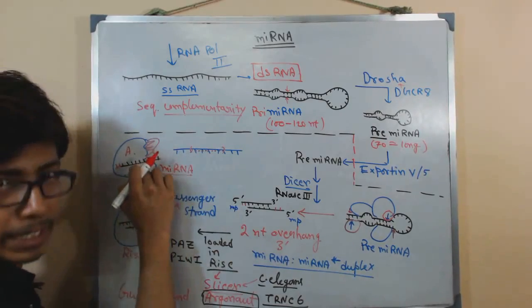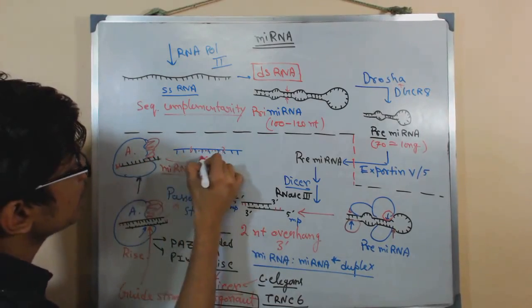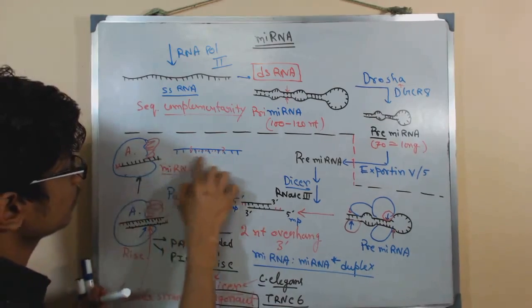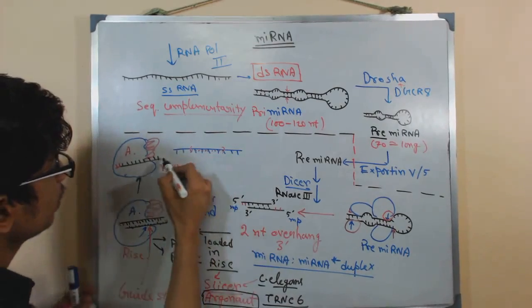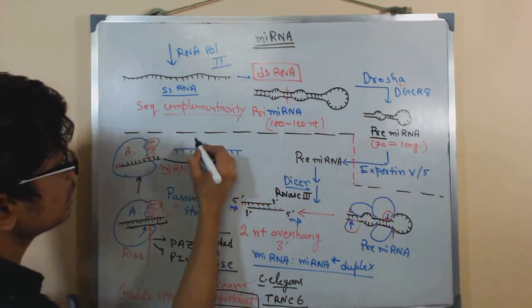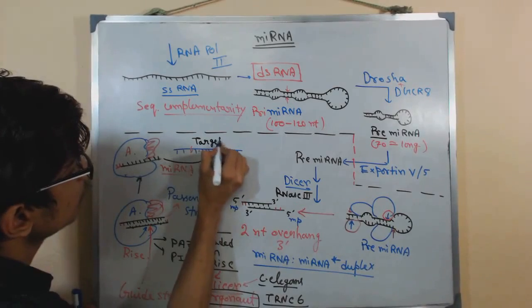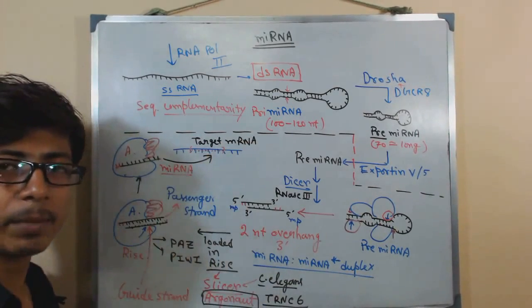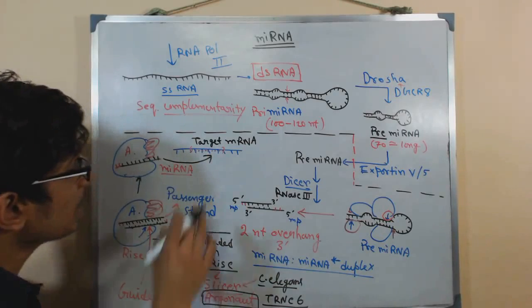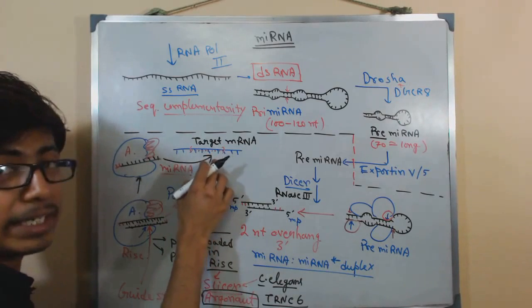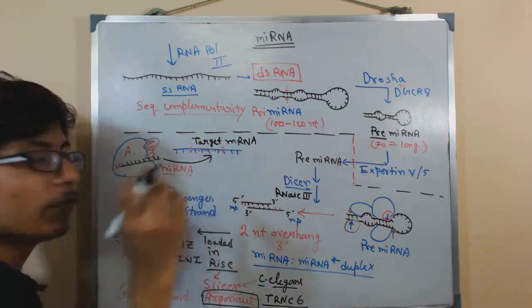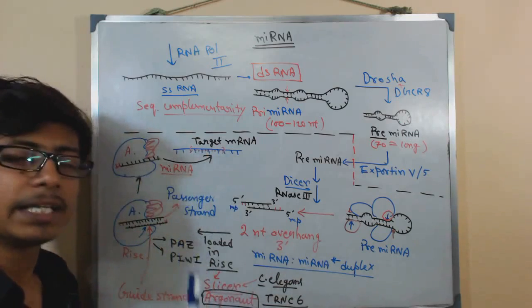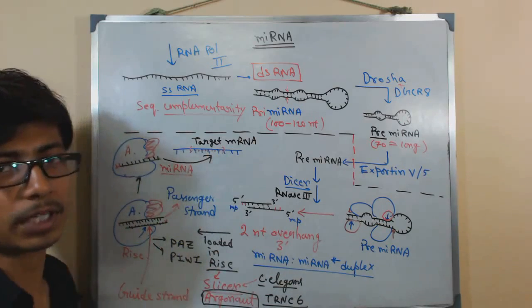Now that miRNA will bind with the target sequence here. This is the target mRNA. Remember, it will bind with this target mRNA here. Once it binds, it will form a nucleation, the nucleation hybrid structure.